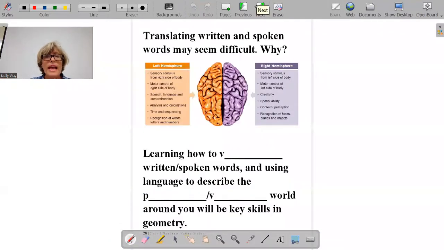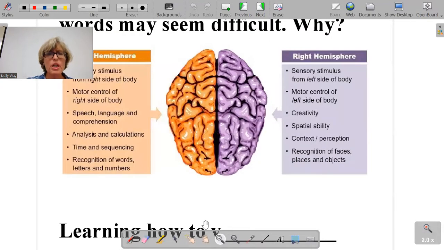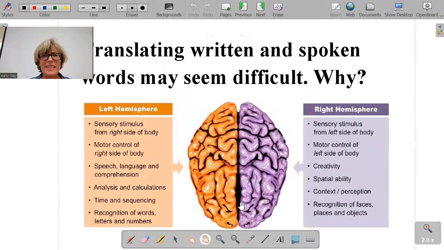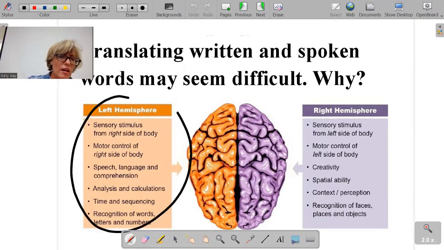Now we're going to do a couple diagrams using this. Now we're wondering, why is it important to be able to go from hearing and seeing and drawing? The reason is that both spoken and written language is predominantly a left hemisphere part of your brain.